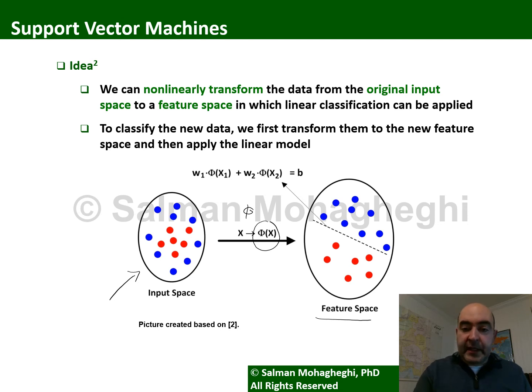So I can say I now have a line with an equation of W1 phi of x1, which is x1 transformed, plus W2 phi of x2, which is x2 transformed, equals b. I can take everything to my feature space, do the classification, and then bring it back to the original space. This is the whole idea behind support vector machines, which is a further extension of the support vector classifier.